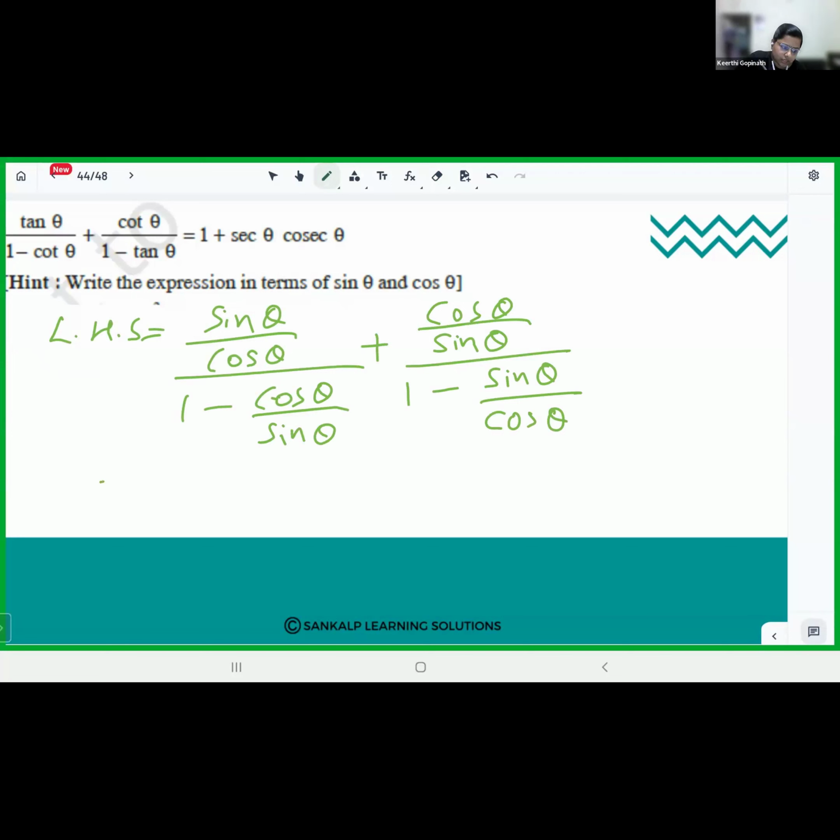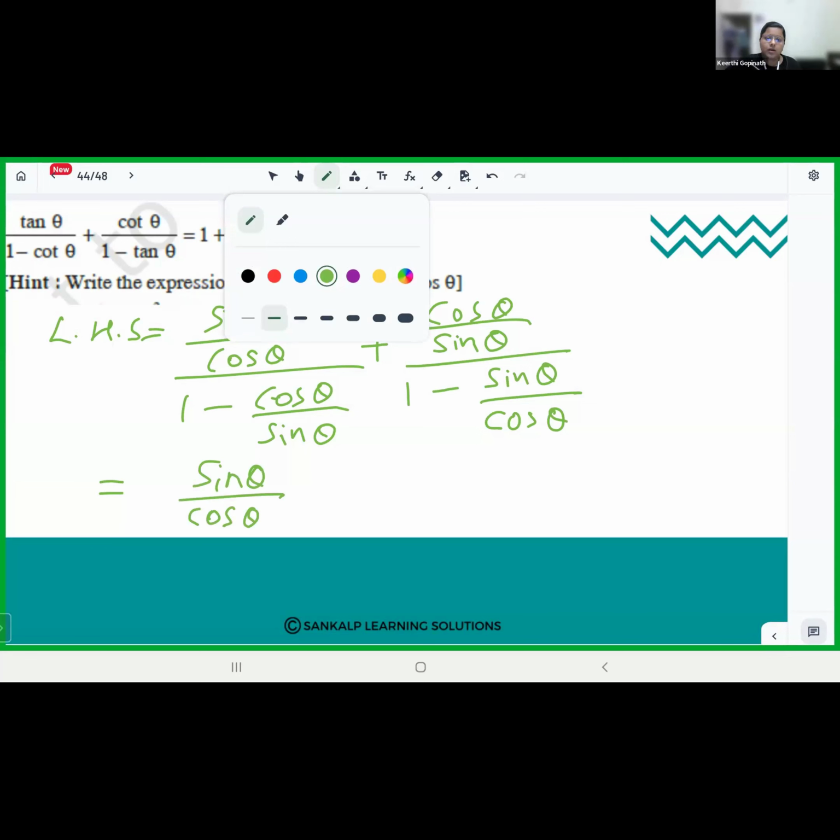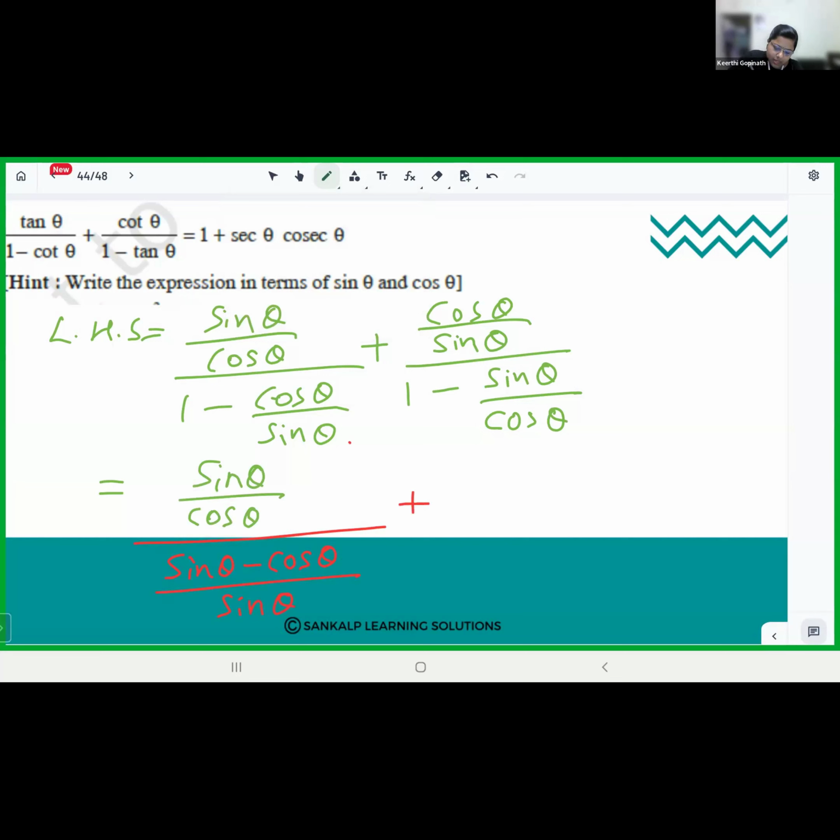Now what you have to do? You have to simplify this one. So that is sin theta by cos theta divided by 1 minus cos theta by sin theta, which can be written as sin theta minus cos theta by sin theta. Just cross multiply it. Plus cos theta by sin theta divided by this one, you should simplify.